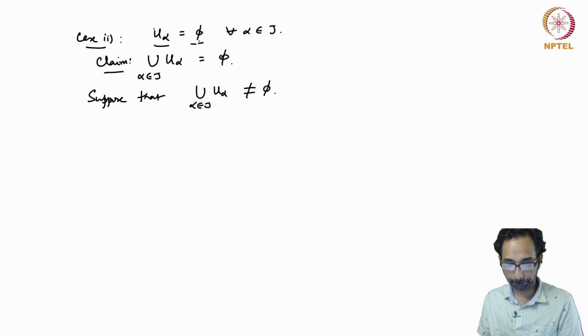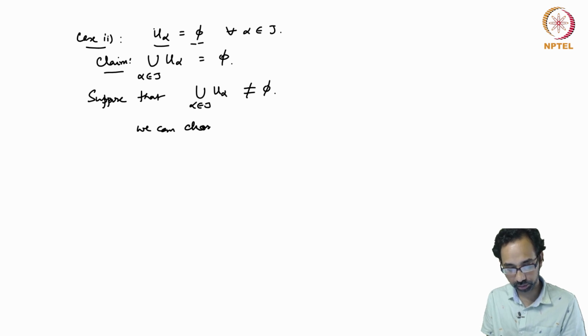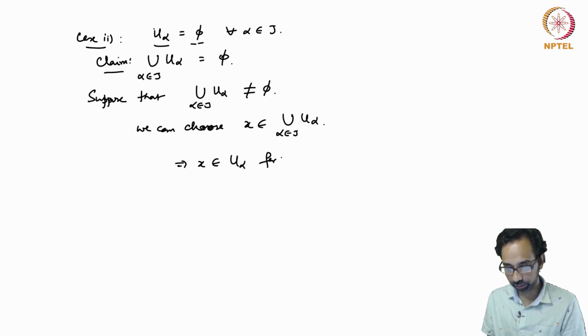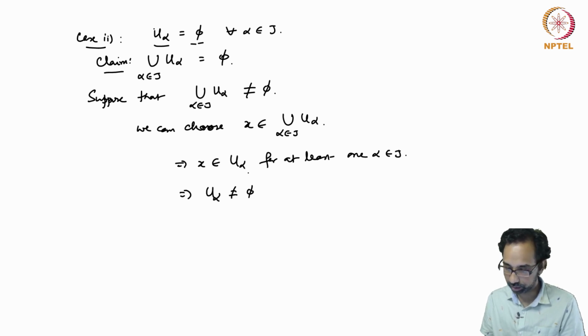Because it is non-empty, we can choose an x which belongs to this union, which means that x belongs to u alpha for at least one alpha in J, but this means that u alpha is non-empty. Let's say this is alpha 0.